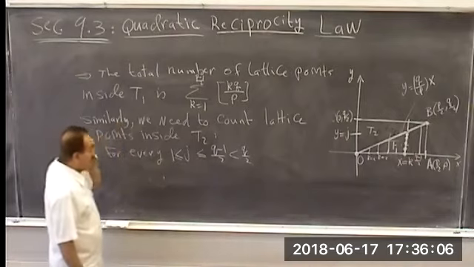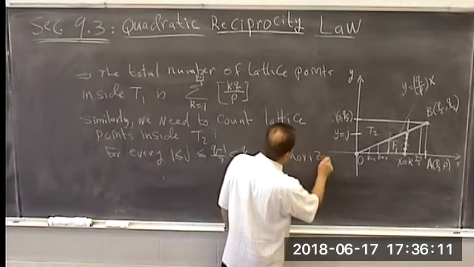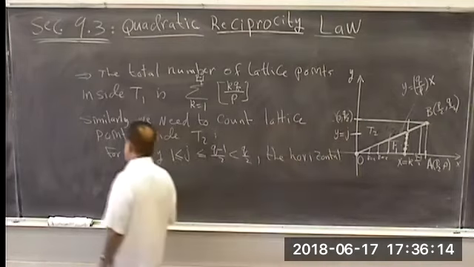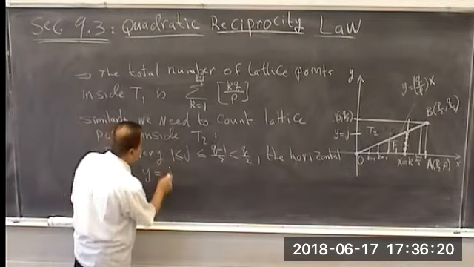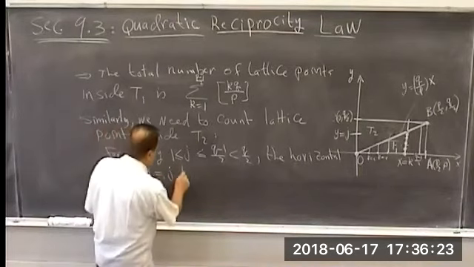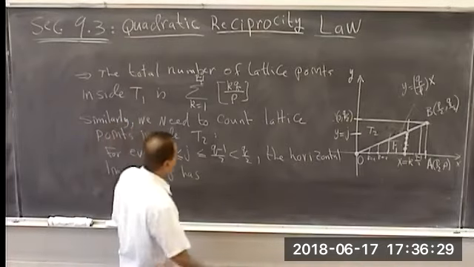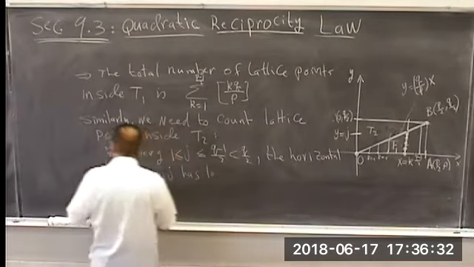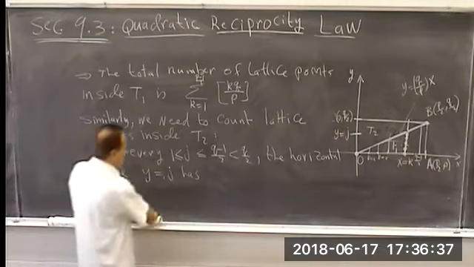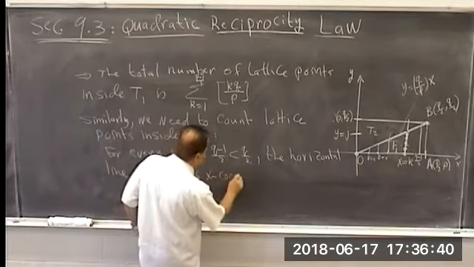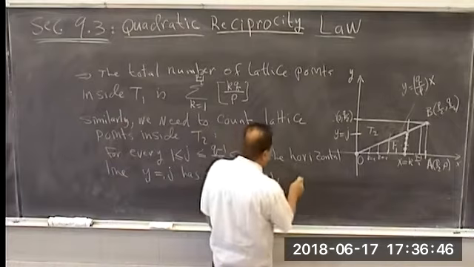All right? The horizontal line which is y equal j has lattice points, or has x coordinates, that satisfy this.